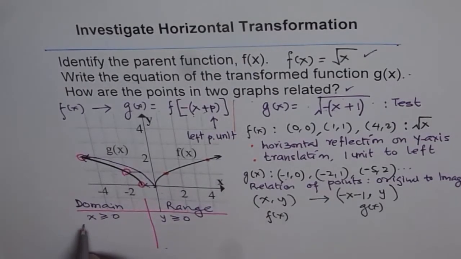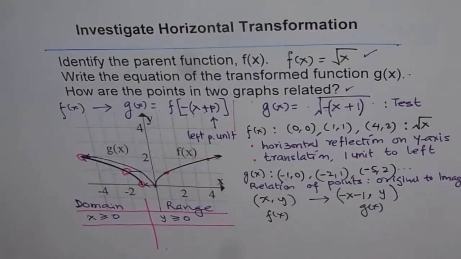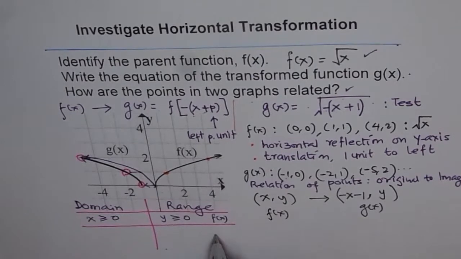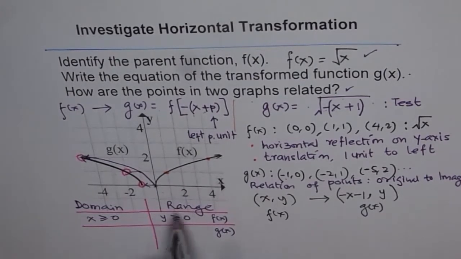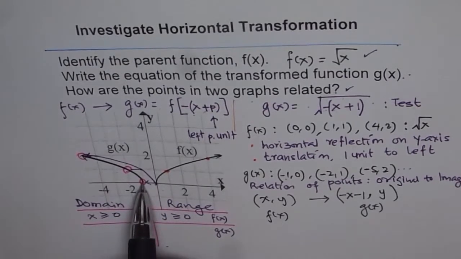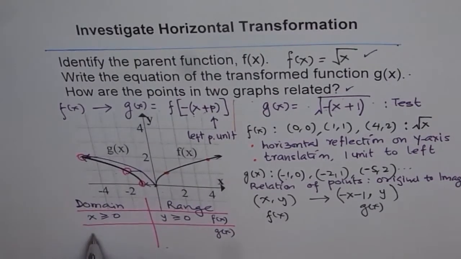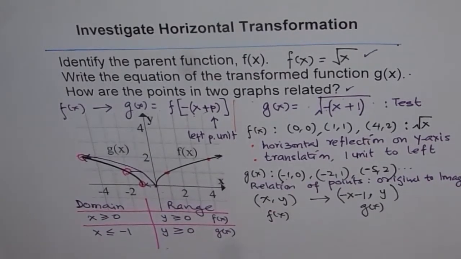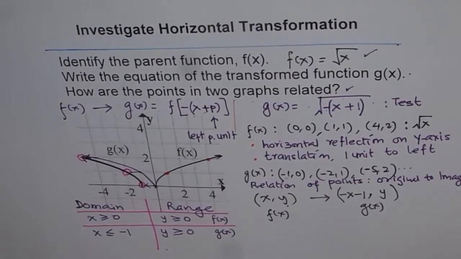And how about the transformed function? So this is for f of x. Now how about g of x? In g of x, as you can see, the domain has moved to -1 and leftwards, right? So x is less than or equal to -1, but the range remains the same, since there is no change in y values.